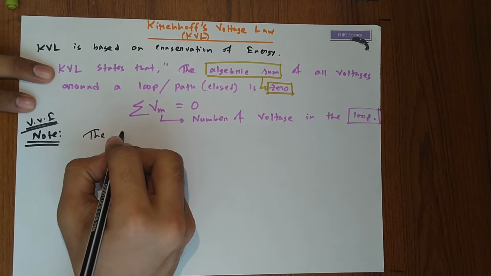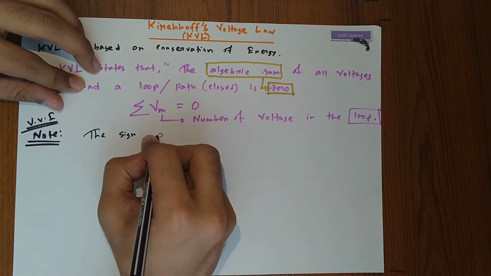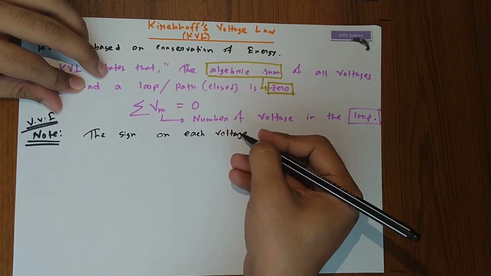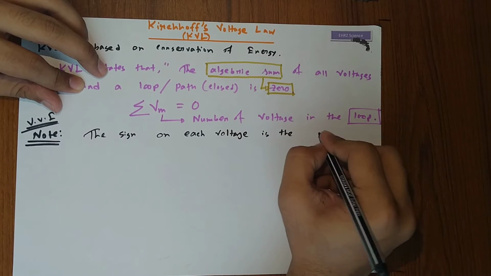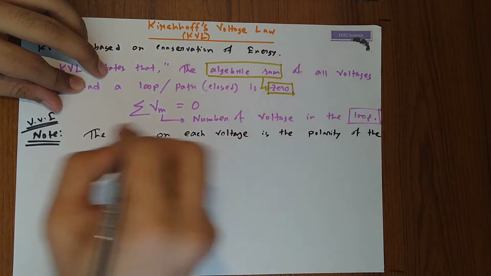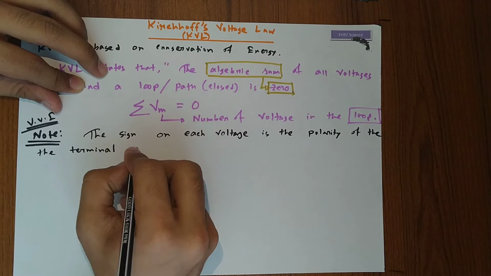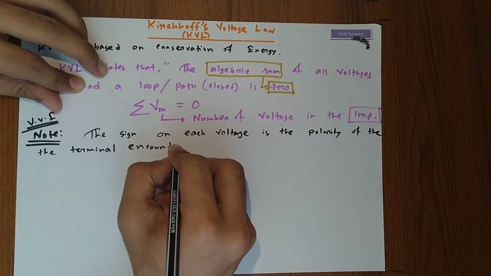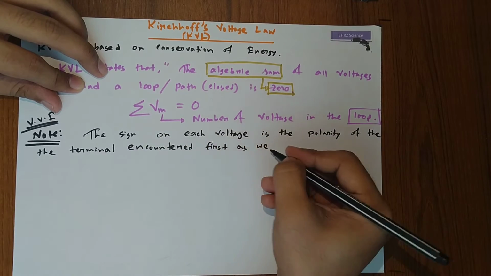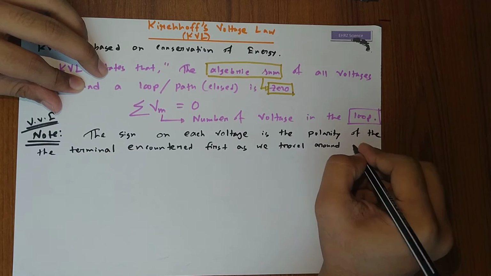See, the sign on each voltage is the polarity of the terminal encountered first as we travel around the loop.